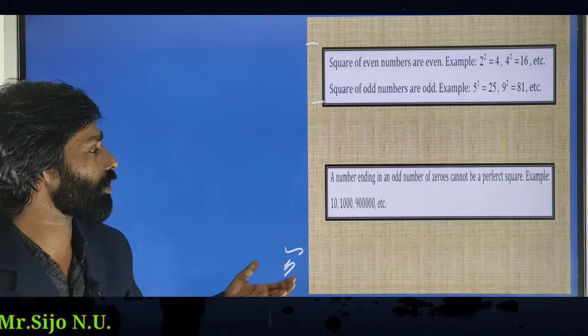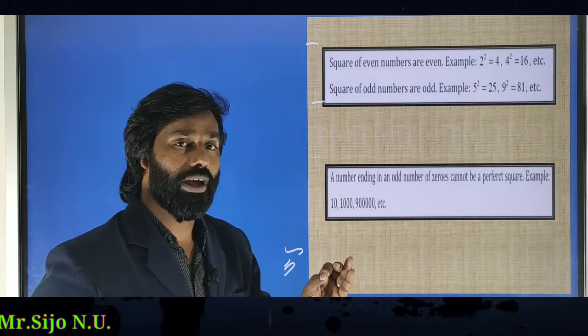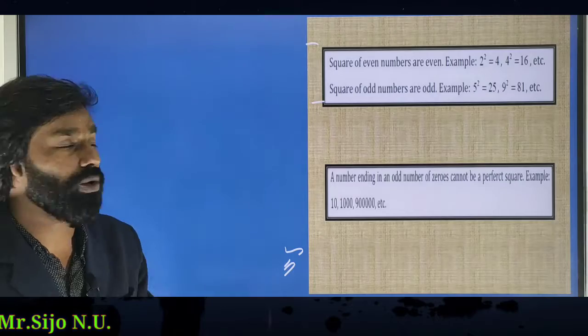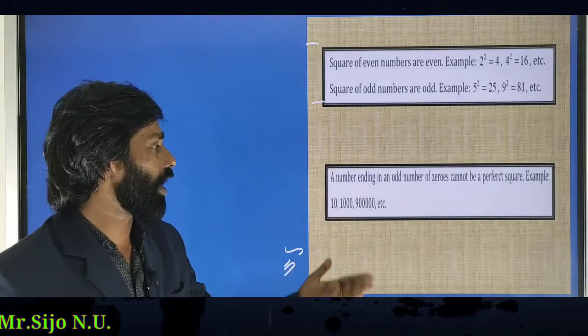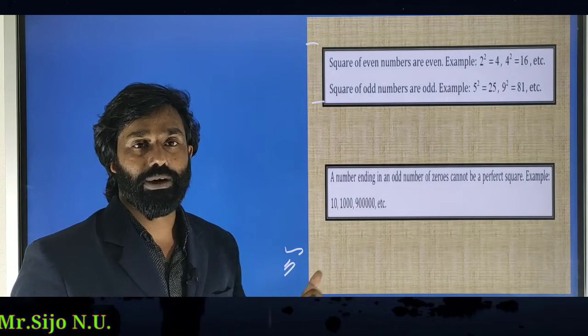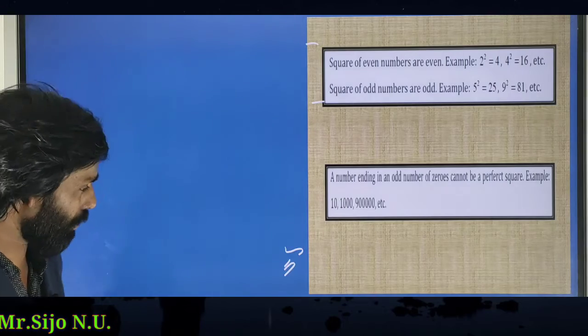We just count the number of zeros at the end. If it is odd, we can conclude it's not a perfect square. If it ends with an even number of zeros, there is a chance. So that is all this property says.